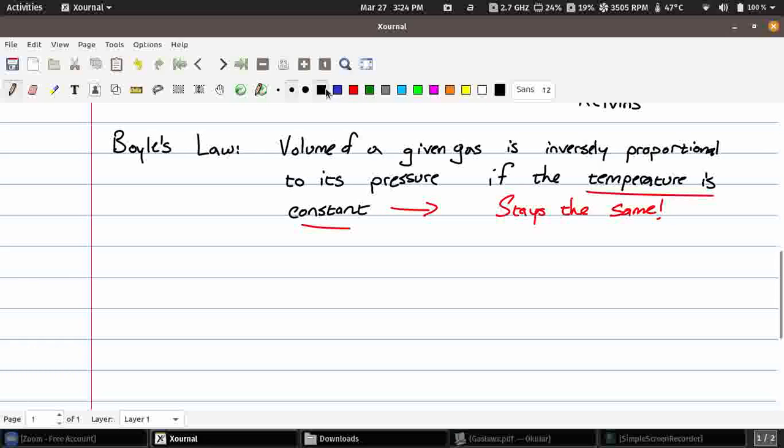Okay, so what this looks like is you have V equals 1 over P. That's an inverse. Or you have P equals 1 over V. Also an inverse. So what this means is, I'm going to write this down over here. If your pressure goes up, your volume goes down. Your pressure goes down, that means your volume has gone up.